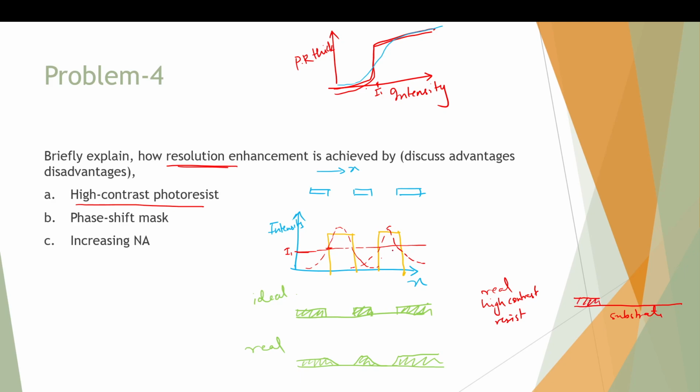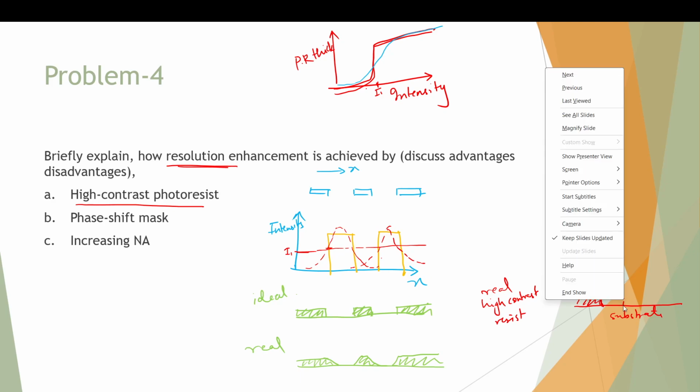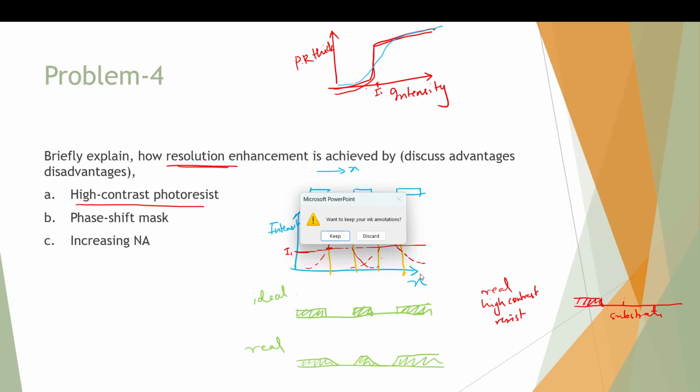Now it crossed above I1, so it will get exposed, and it will be like this. A slight slope might be there, because this is not perfectly straight, but the slope is way steeper compared to this. Here again it has gone below I1, so it will again not be exposed.